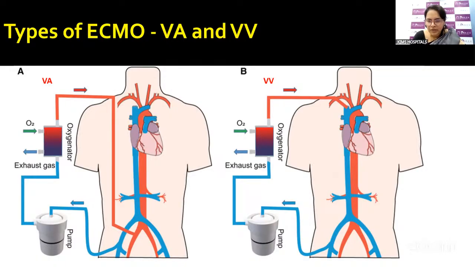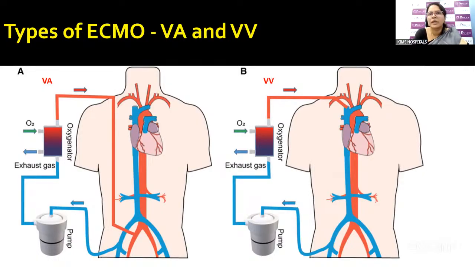So as one can imagine, VV ECMO is of use primarily in respiratory conditions where the lungs or the pulmonary parenchyma are diseased and the patient has abnormalities in gas exchange such as hypoxia or hypercapnia, which are not manageable despite maximal ventilation. It doesn't, however, bypass the native heart. So this is considered to be the equivalent of a circulation which is in series.